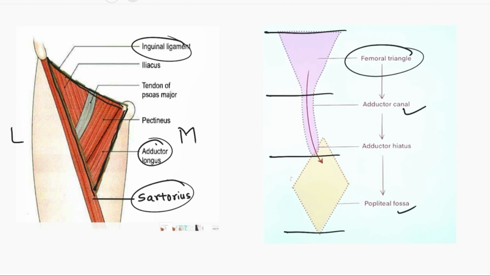This is the apex, which is formed by the meeting of the lateral and medial boundary, directed towards down and continuous with the adductor canal.